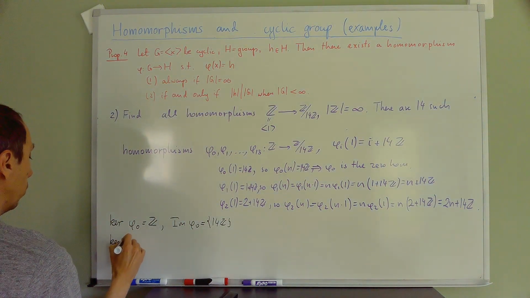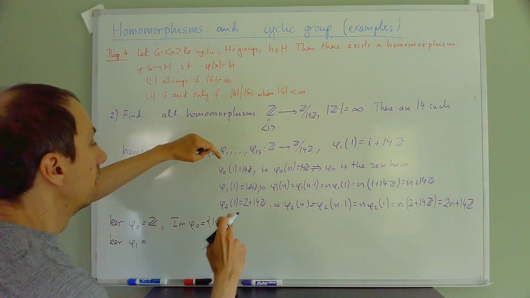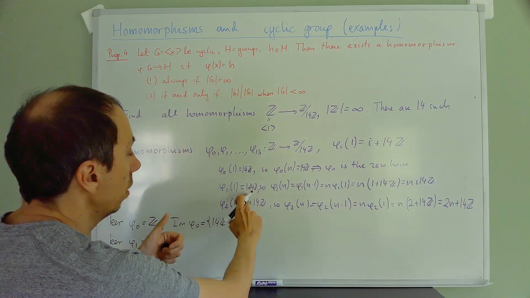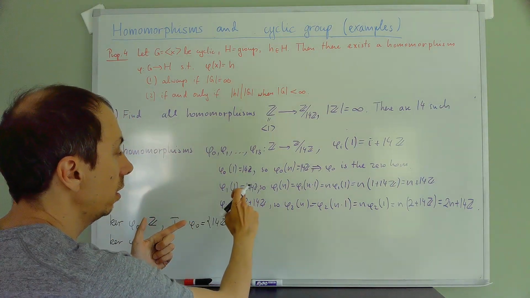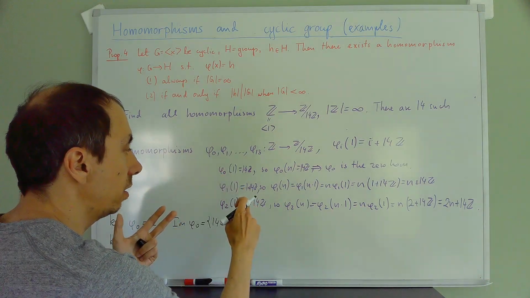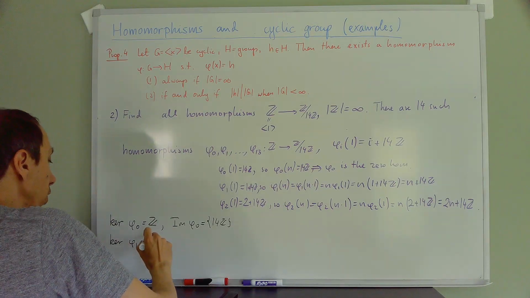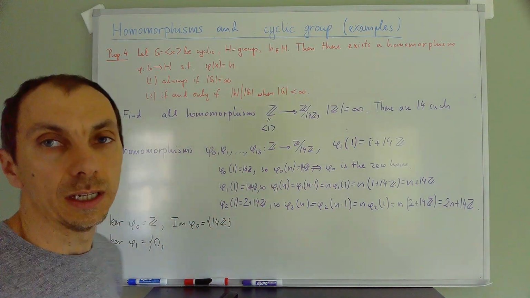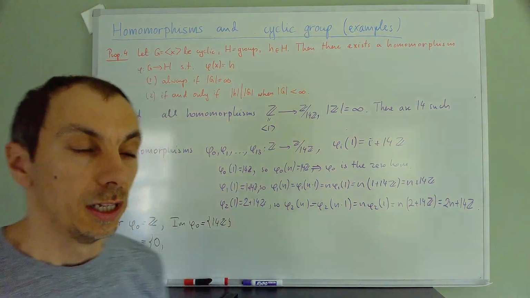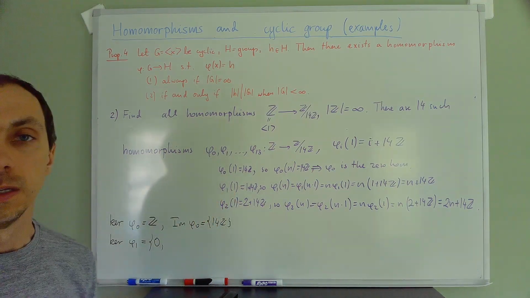Let's look at phi 1. What's the kernel of phi 1? Okay, let's see. All right, so phi 1 sends 1 to 1 plus 14Z, 2 to 2 plus 14Z, 3 to 3 plus 14Z, and so on. So what would be in the kernel? Well, first of all, 0, right? 0 is going to be mapped to 14Z. What else will be in the kernel? The next element that's going to be mapped to 14Z would be 14.